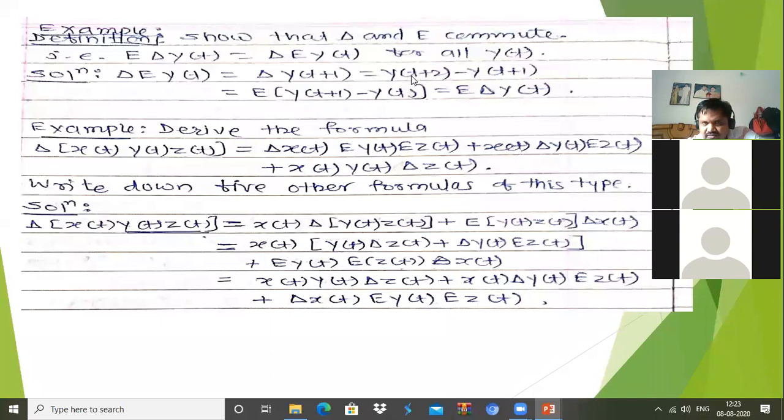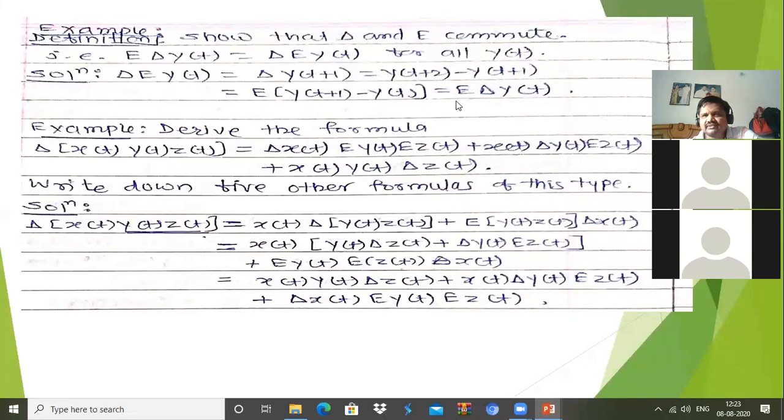Now what about this one? For these two terms we can write E of (y of t plus 1 minus yt). This is the shift operator applied to y of t plus 1 minus yt. If we take the shift operator of y of t plus 1 minus yt, what will it be? It will be y of t plus 2 minus y of t plus 1. So this term is E of the shift of y of t plus 1 minus yt. Now what is this middle term? y of t plus 1 minus yt is delta yt.